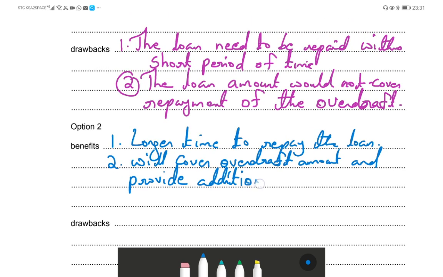They decided to take additional capital. Also they can enjoy additional working capital.